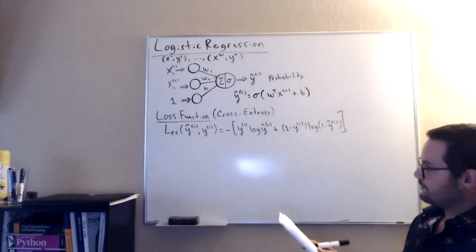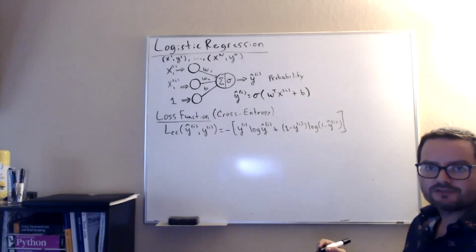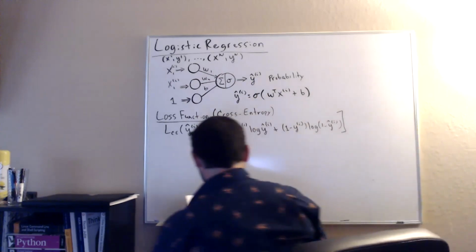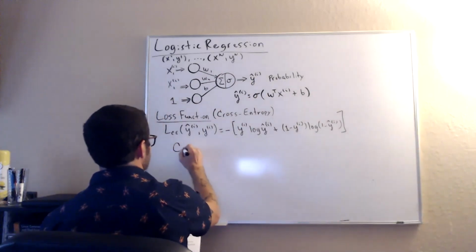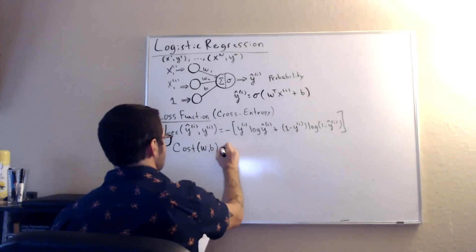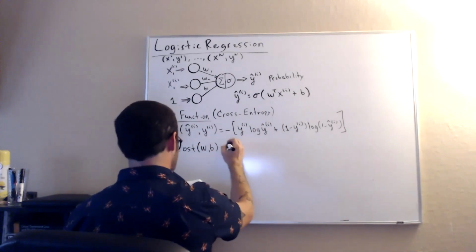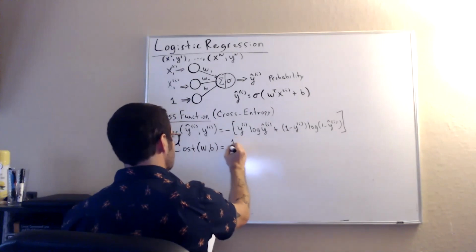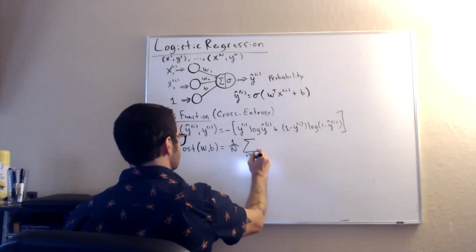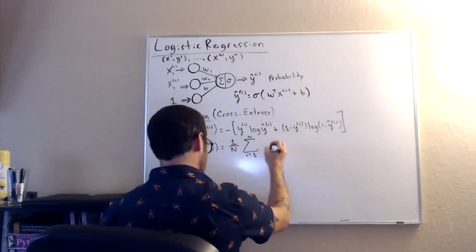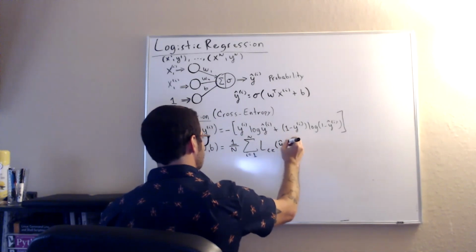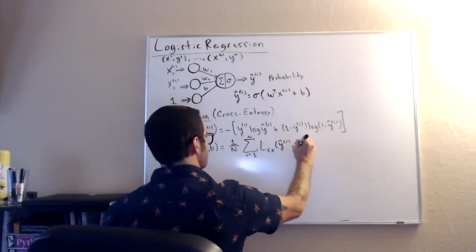Now, for a given batch, so if we're going to use batch gradient descent, which uses all of the features and labels, the total cost, for given weights and biases, will be equal to 1 over capital N times the sum i equals 1 to capital N of the cross entropy loss on our output y hat by y.